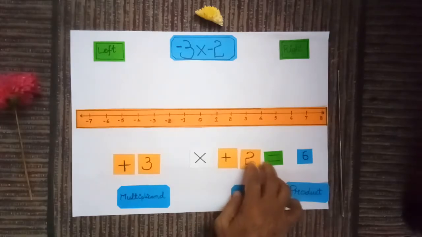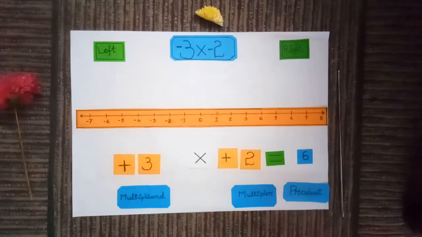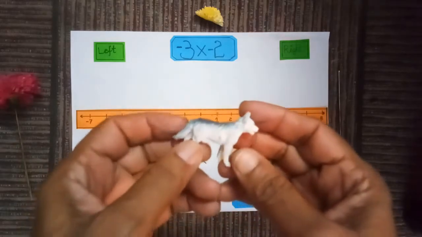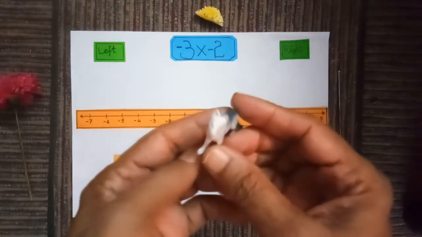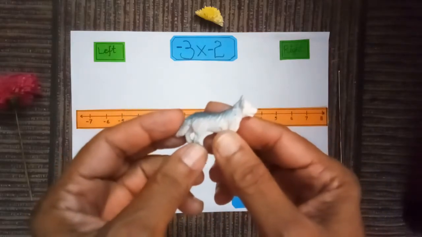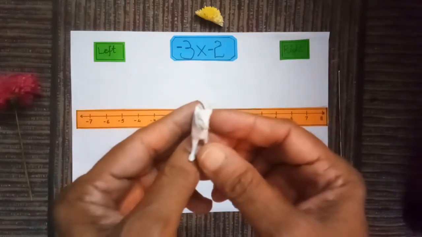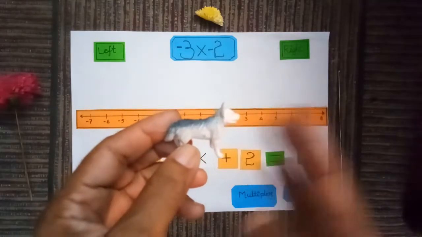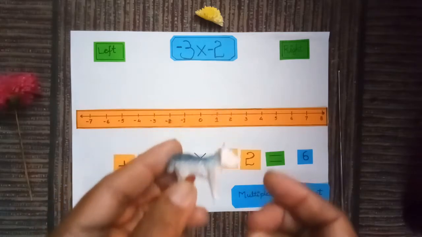Now, a very important assumption we are going to make from here onwards. The first assumption is, let us take a toy, something like a dog, a monkey, something like this, and it moves forward and backwards.